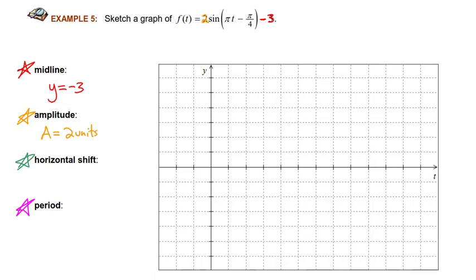To determine the horizontal shift, we're going to need to adjust the format of the function slightly. We'll need to adjust the input value and factor pi off of that term.